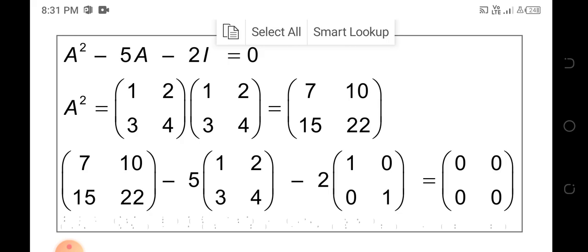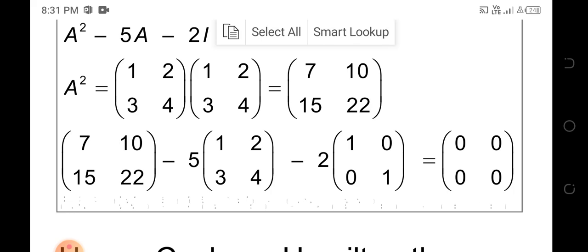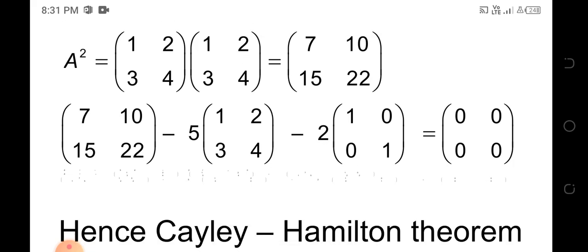We already know what is A. So for 5A, you have to multiply the number 5 along with the A value. You will get the answer. And 2 into I means identity matrix. Here it is a 2 cross 2 matrix, so you have to write 1 0 0 1. So just to go through the last step, 7 10 15 22 minus 5 times 1 2 3 4 minus 2 into 1 0 0 1 equal to.